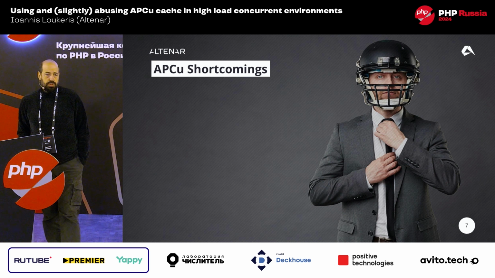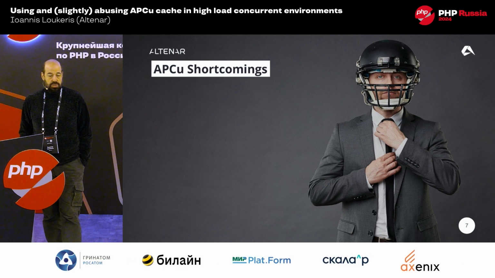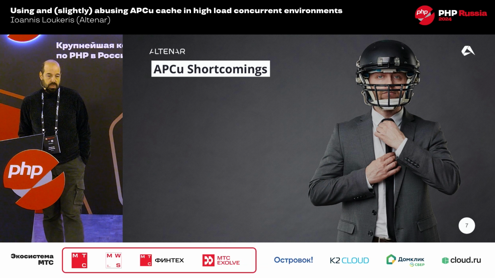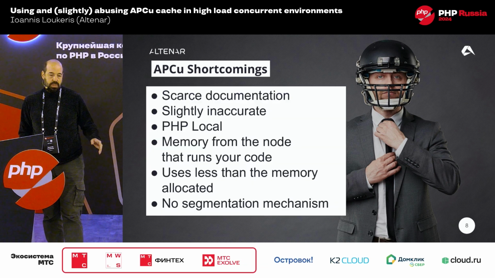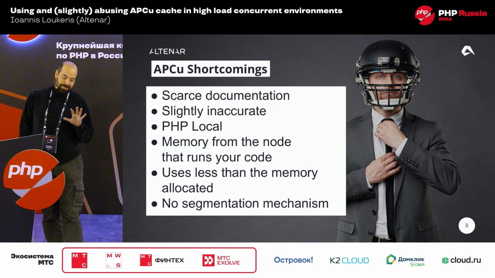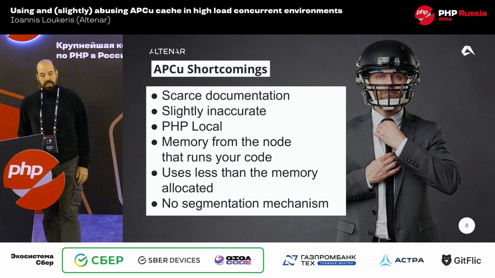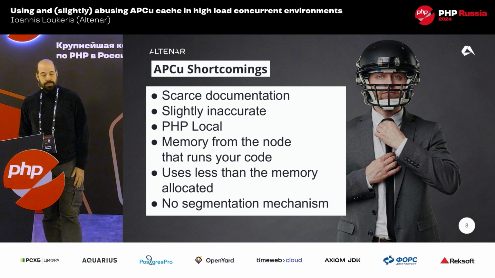There are some shortcomings. Whenever you do something in life, you give something to get something back. And these shortcomings are: the documentation is not the best, slightly inaccurate in places, as we are going to see. It is PHP local, which means that it runs in your process.